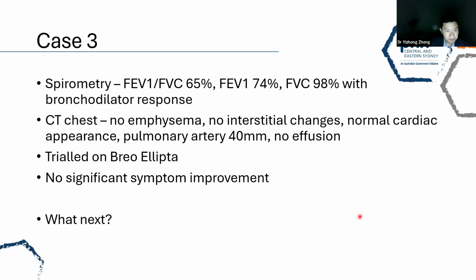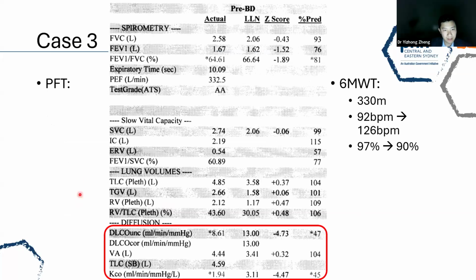What next? So they go on to have a lung function test, and in this case, they had normal lung volumes. However, their diffusion results were abnormal. Reduced DLCO, 47% of predicted, and a reduced transfer coefficient, reduced KCO, 45% of predicted.